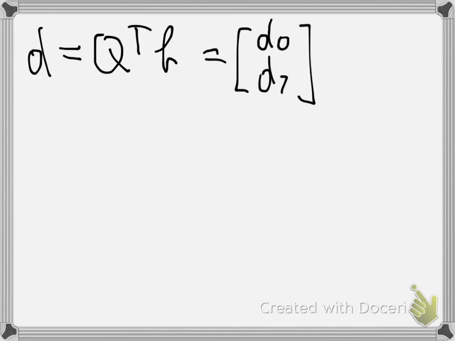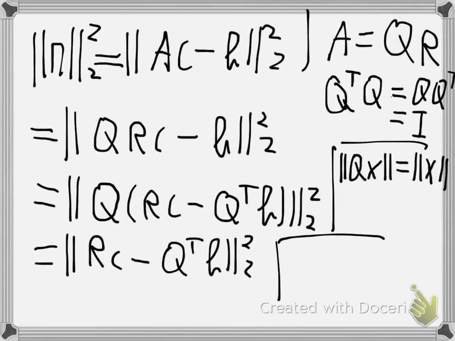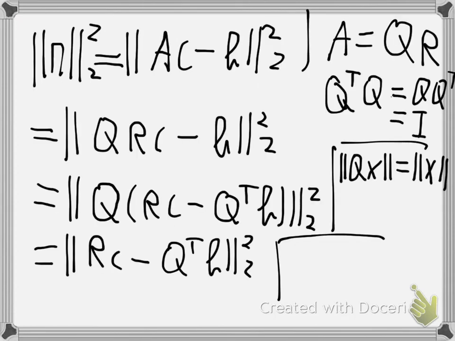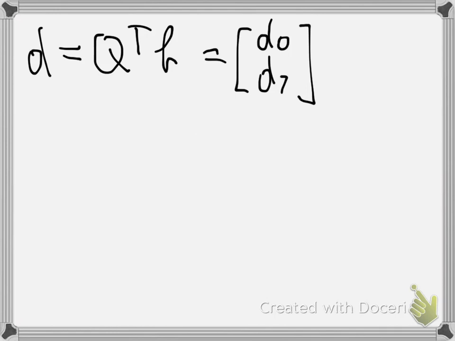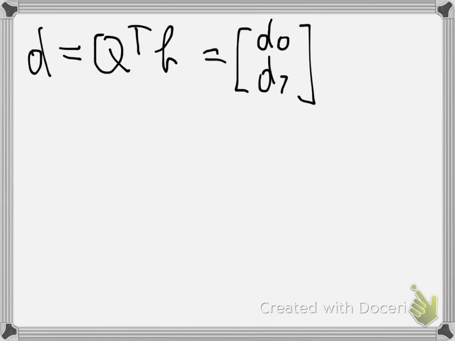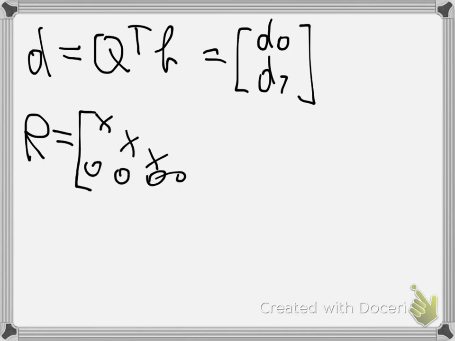We'll see why we do that soon. So why do we do that? Because if we do our QR factorization, we get our upper triangular matrix, and there are maybe rows that only have zeros.